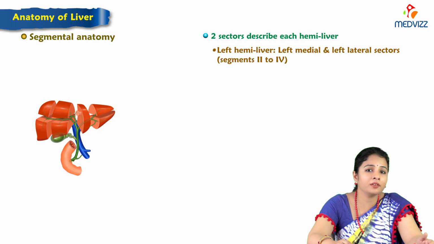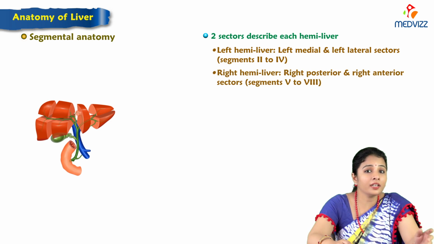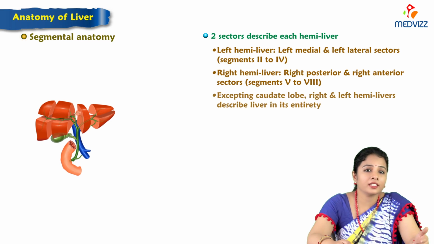The left hemiliver, that is the left medial and left lateral segments, includes segments 2, 3 and 4. The right hemiliver, that is the right posterior and right anterior segments, includes segments 5, 6, 7 and 8. Excepting the caudate lobe, the right and left hemilivers describe the liver in its entirety.